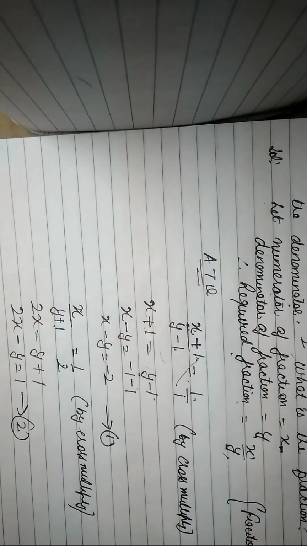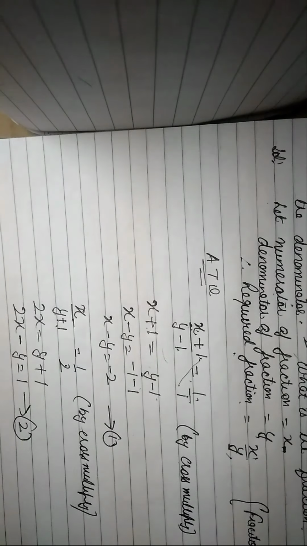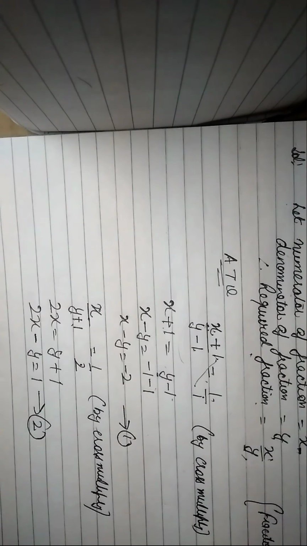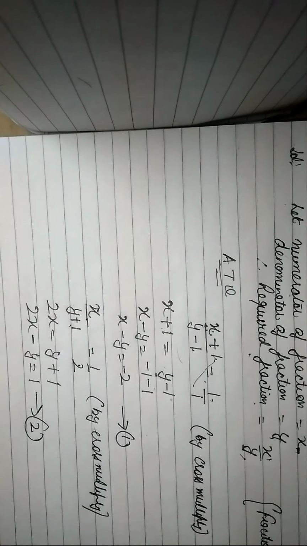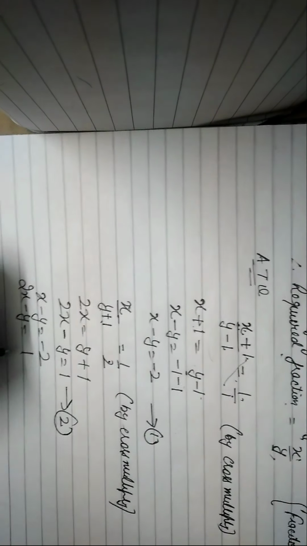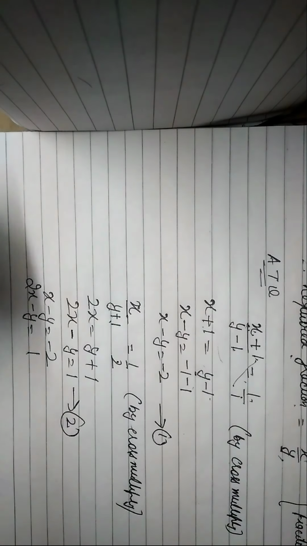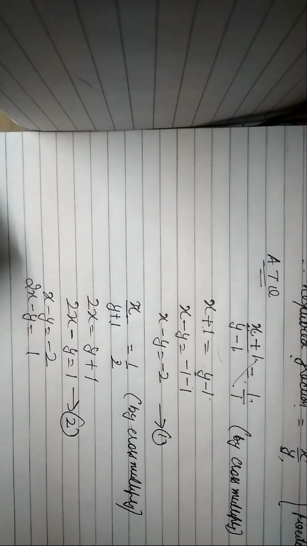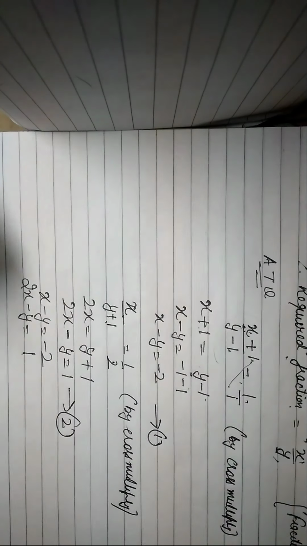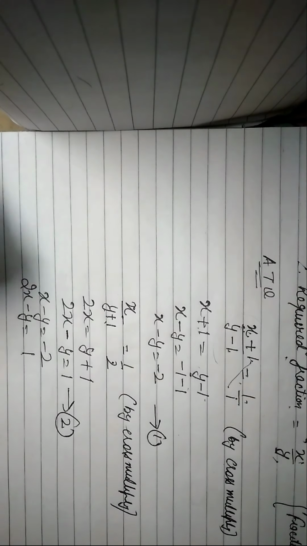Now the first equation is x minus y is equal to minus 2. The second is 2x minus y equal to 1. Because this question is a part of exercise 3.4, we are solving this question by the elimination method. The basic step in the elimination method is to make the numerical value of the coefficient of any variable equal.